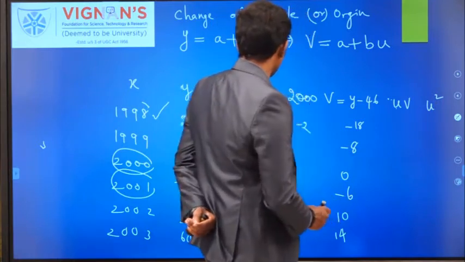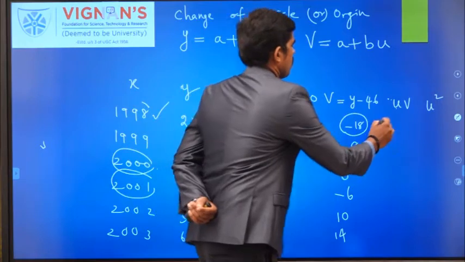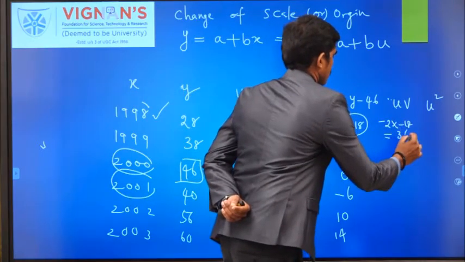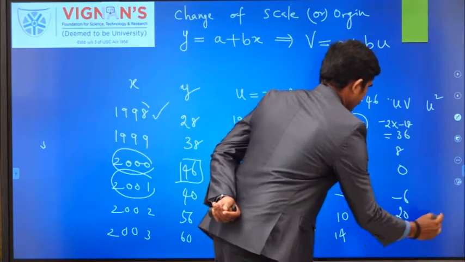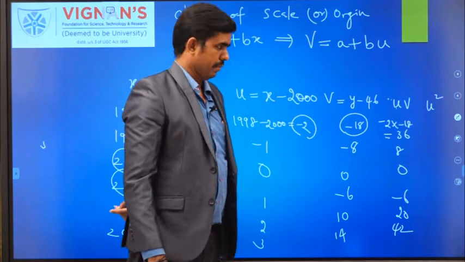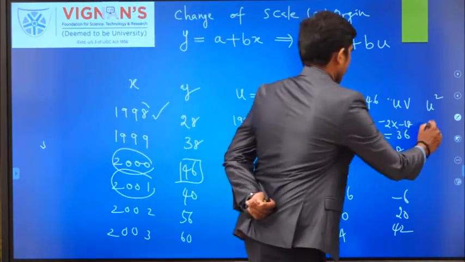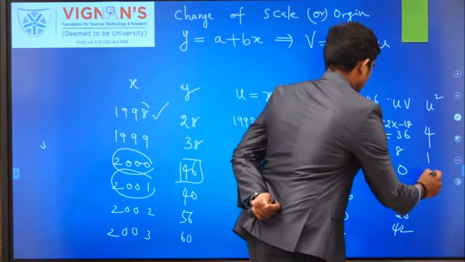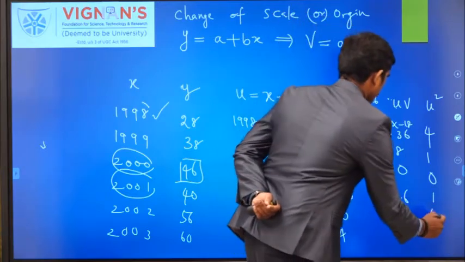So what will be the uv values? You see, u is minus 2 into minus 18, so you will get 36, then plus 42, and so on. This is the value of uv. Then finally u square: minus 2 the whole square is 4, then 1, 0, 1, 4, 9.